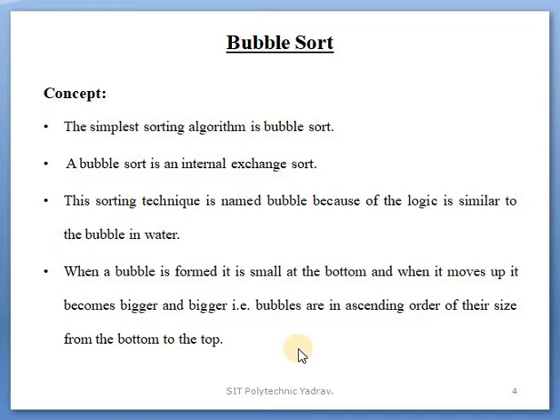When those bubbles move up, two small bubbles merge into one, so the bubbles become bigger and bigger. After that, in the water, the bubbles are placed in their proper size, from bottom to top. This concept or logic is used in this sorting, so it is given the name bubble sort.